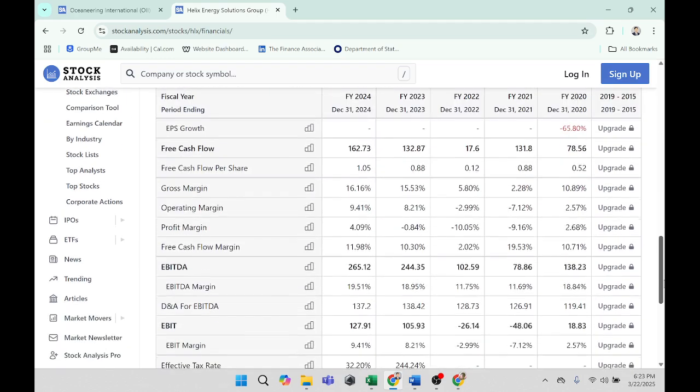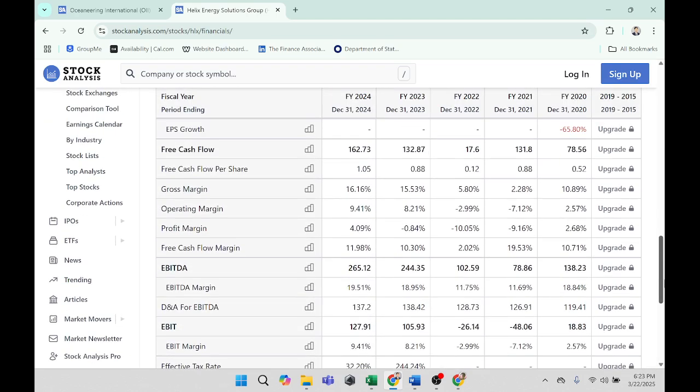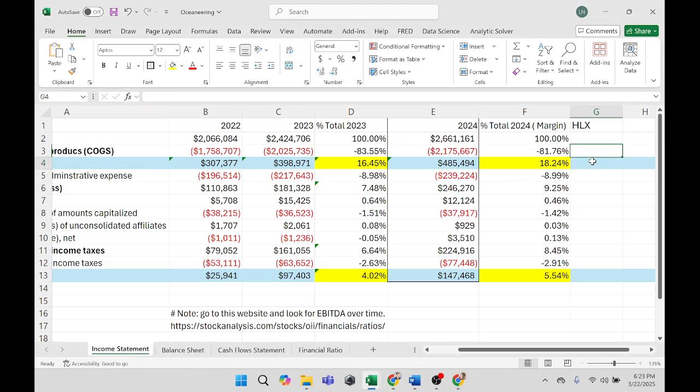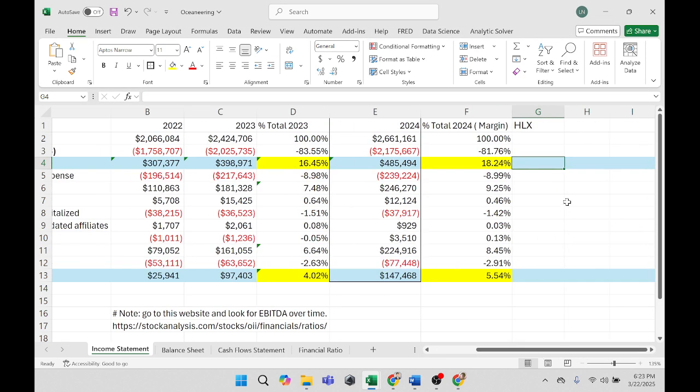Tons of data that you could compare. So you see there's EBITDA margin you could compare with, but gross margin, you see 16.16%, right? So here, this section is gross margin, right? So it's 16.16. Type that in. You don't have to fill out all this, right?